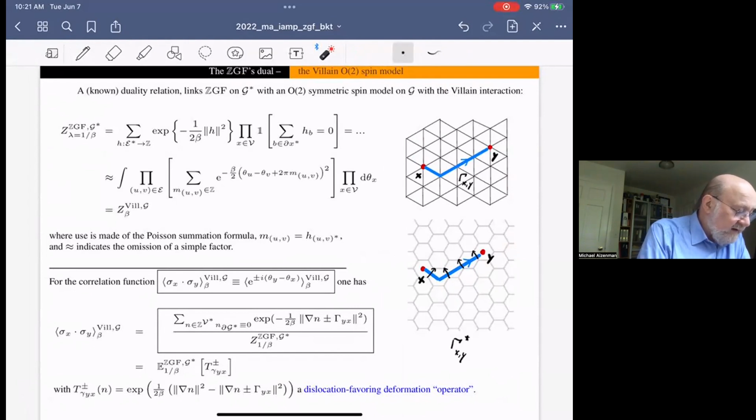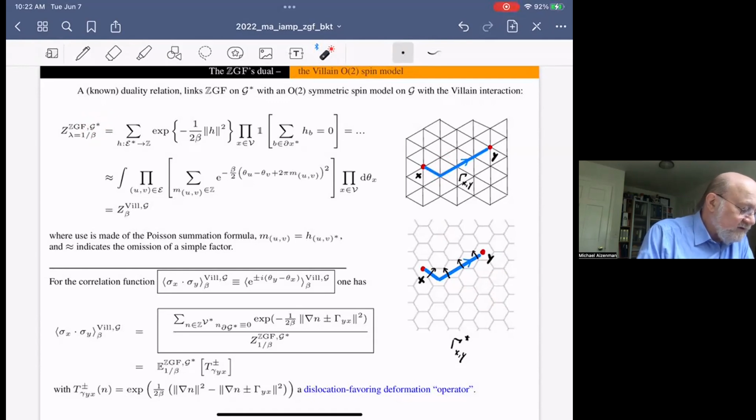I prefer to refer to the height function on the dual of G, that's G star, and in this case, that would be the graph over which the height function is defined. It's defined over vertices of this graph, and the vertices of this hexagonal graph happen to correspond to faces of the triangular graph on which the spins would be defined.